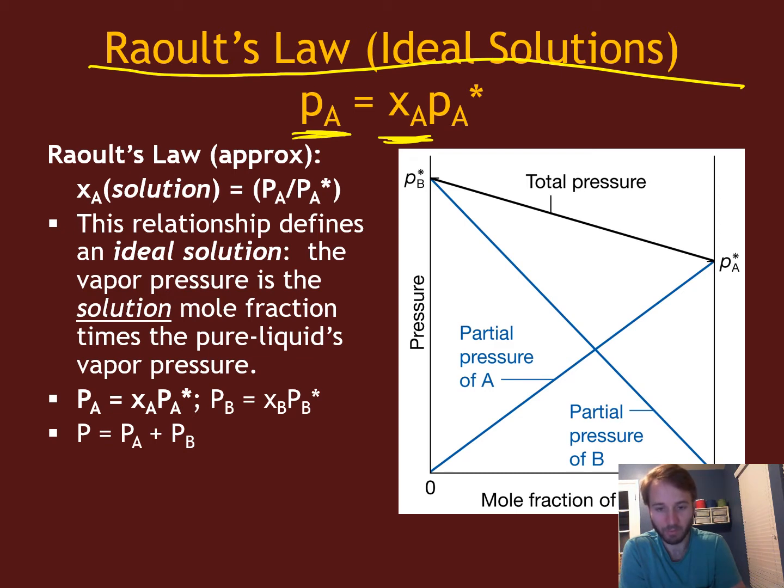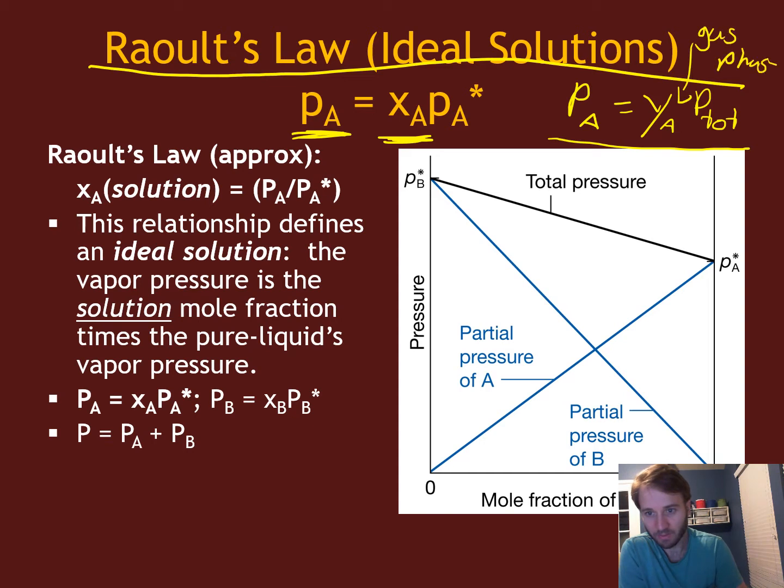Now note, we've talked before that the vapor pressure of a gas, PA, is equal to the mole fraction of that gas times its total pressure. This type of relationship is true for any gas, real or ideal, where this mole fraction is in the gas phase.